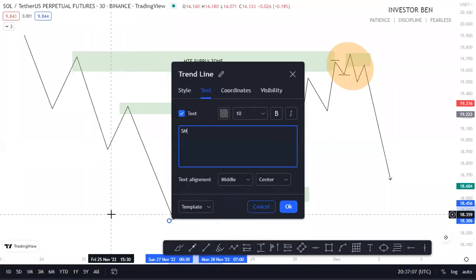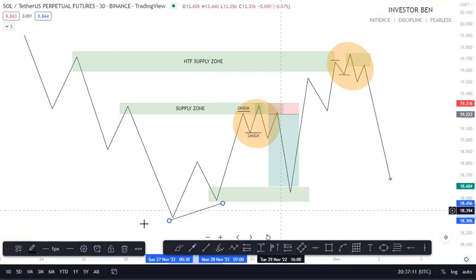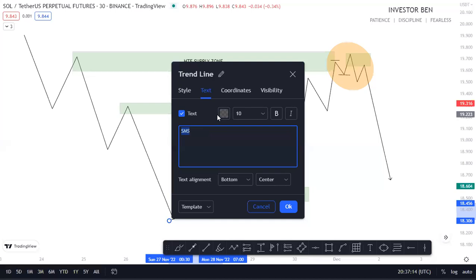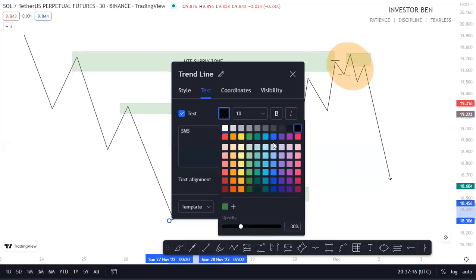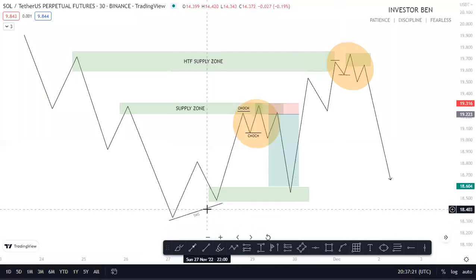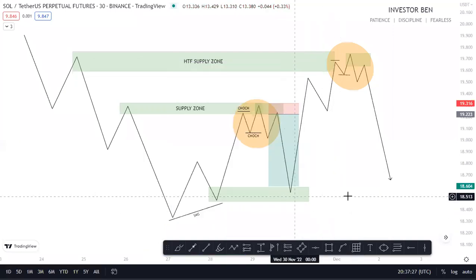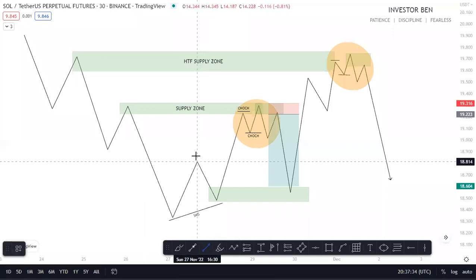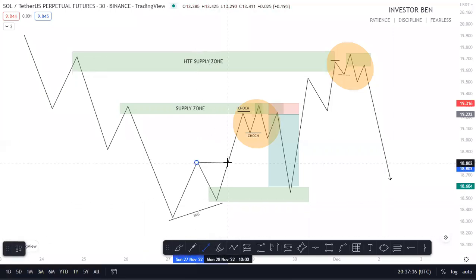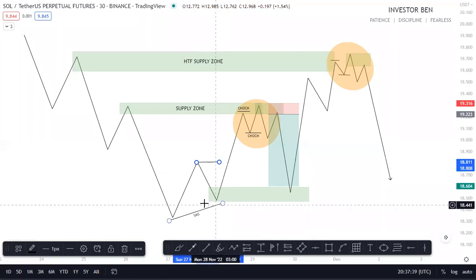So an SMS here on the bottom. You have an SMS at that point, and then a break of market structure at this point.